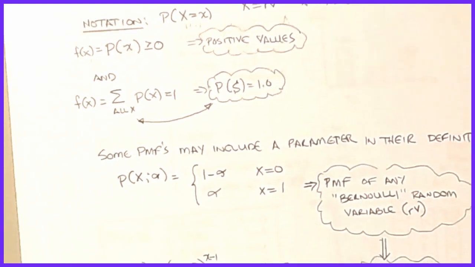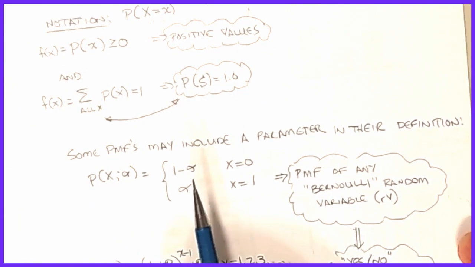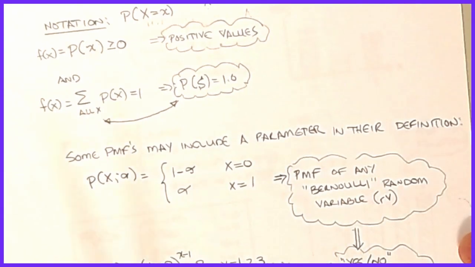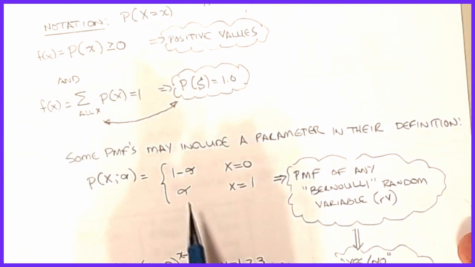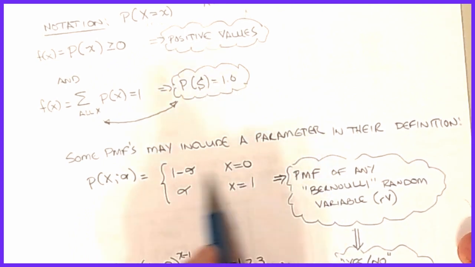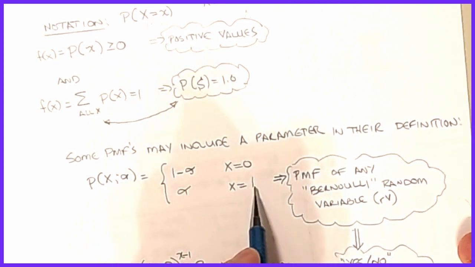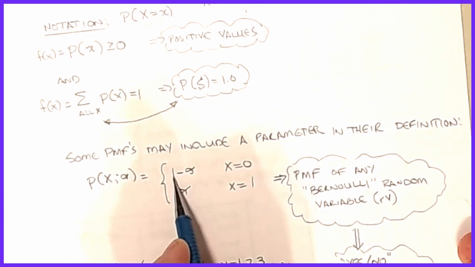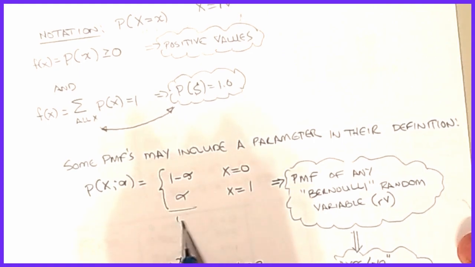Okay, now, some probability mass functions may include a parameter in their definition, such as the probability of x given some parameter alpha, in which for a value of x equal to 0, I get this probability. Okay, and then for x equal to 1, I get the complement. So you see 1 minus alpha and alpha, those are complements that added together still add up to 1.0, so it's a complete function.